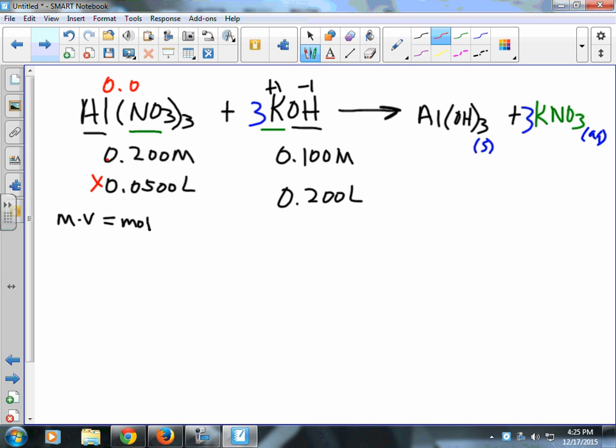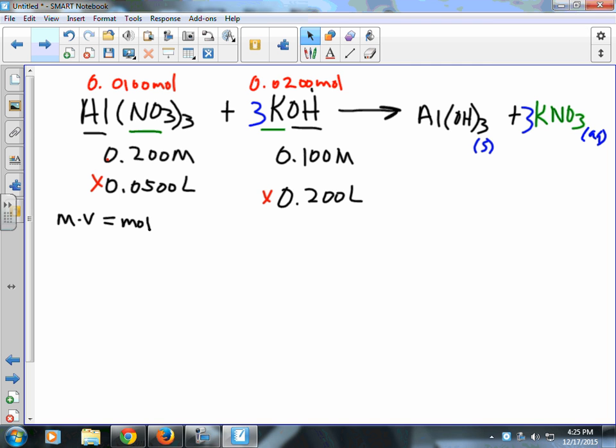We're taking this times this to get 0.01. I think I'm doing 3 sig figs on this. So 0.01 moles of aluminum nitrate. And on the KOH, 0.1 times 0.2 liters is 0.02 moles of KOH.